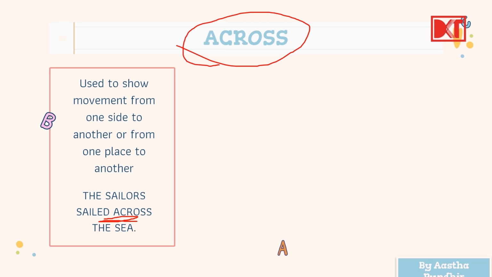The sea है, okay? Although छोटी नहीं होती है sea, but let's imagine this is the sea. So from this land to this land, the sailor sailed across. मतलब एक place से दूसरी place तक they sailed. Okay?